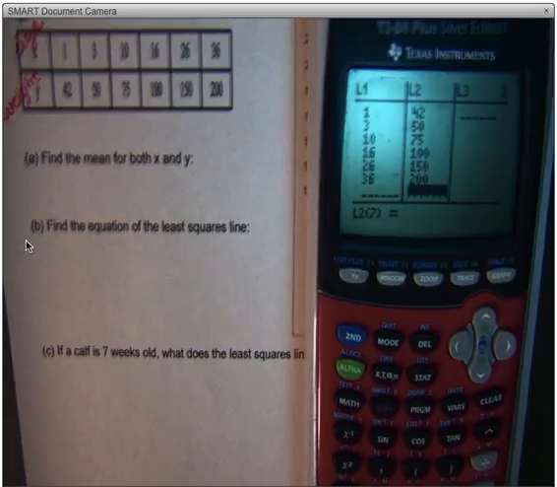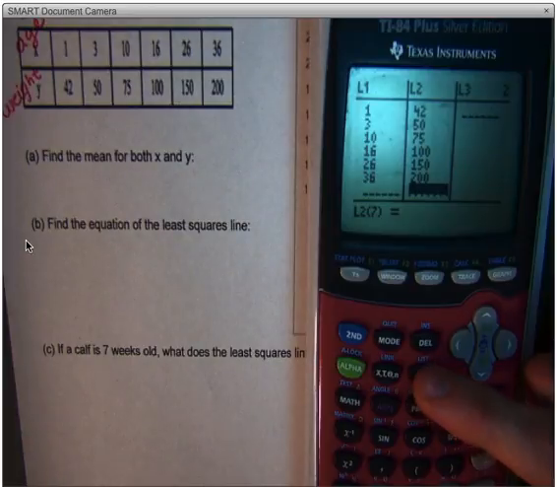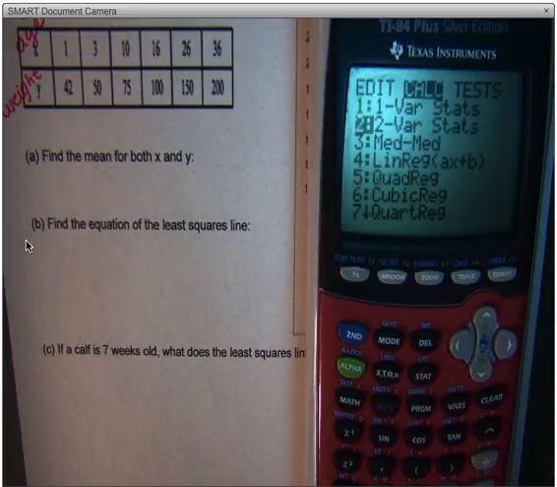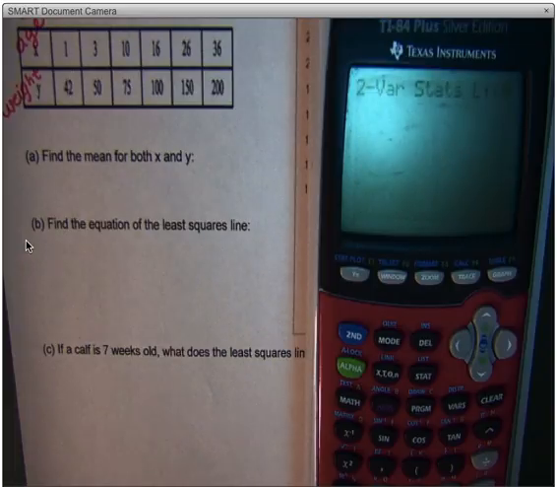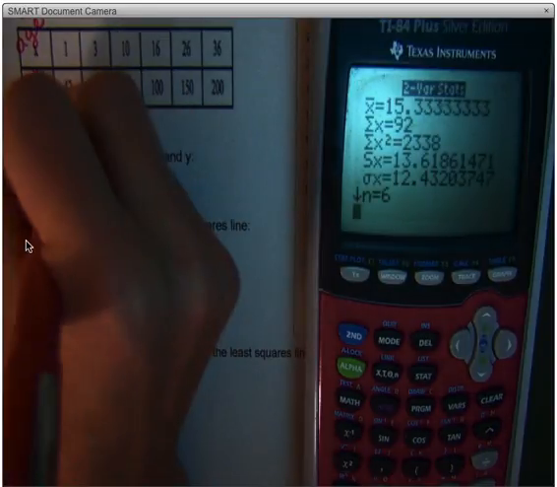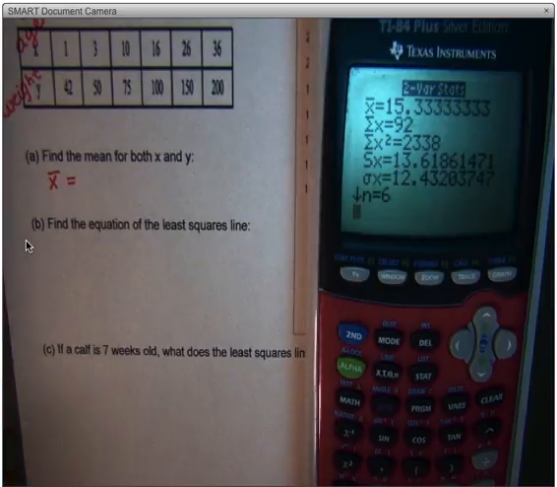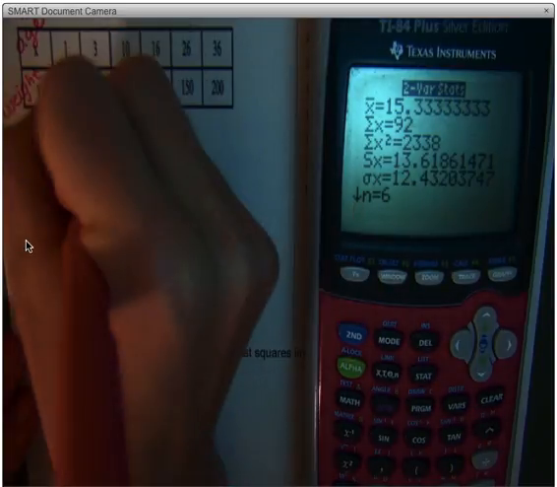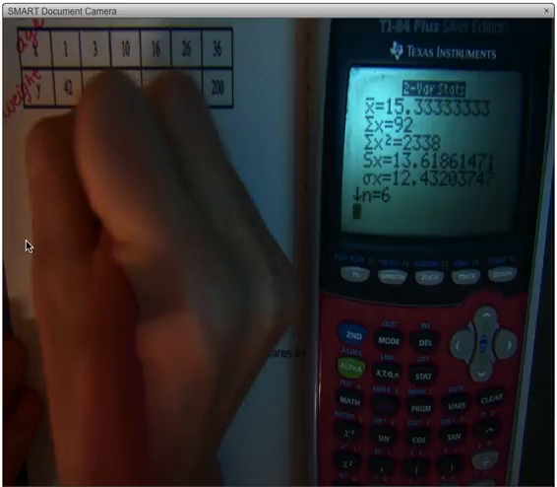Okay, so we want the mean for X and Y. So remember, we're going to go to Stat, over to Calc, scroll down to 2 variable statistics. So this should show us that X bar should be about 15.33.